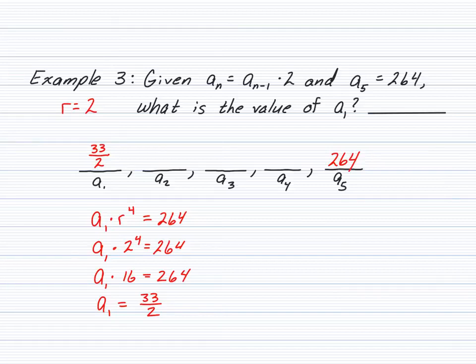And we can check this, because if we multiply 33 over 2 times 2, that will give us our next term, which would be 33. Times 2 again is 66. Times 2 again is 132. Times 2 is 264. But to answer our question, the first term is 33 over 2.